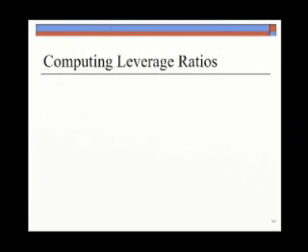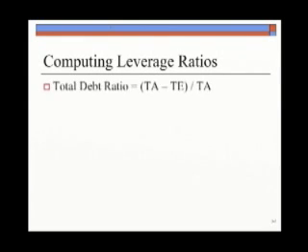Next, we look at the leverage ratios, which has to do, as I said earlier, with long-term risk. I might point out that if there's one thing that causes more firms to fail than any other single thing, it's excessive use of debt. So we're very interested in these leverage ratios. The first is the total debt ratio, which is basically long-term debt or total assets minus total equities.